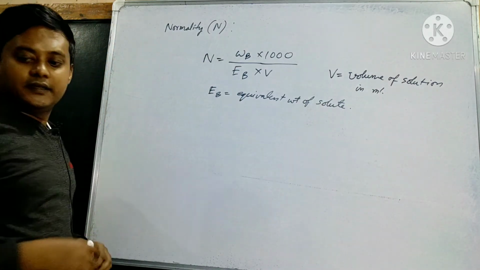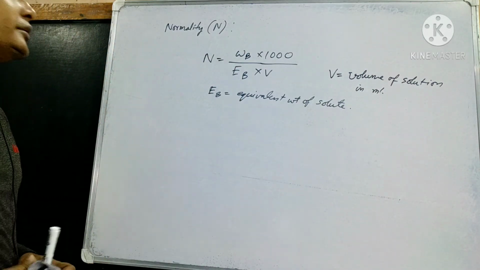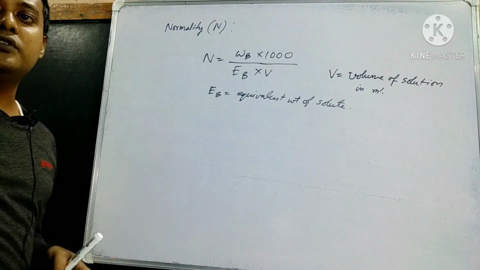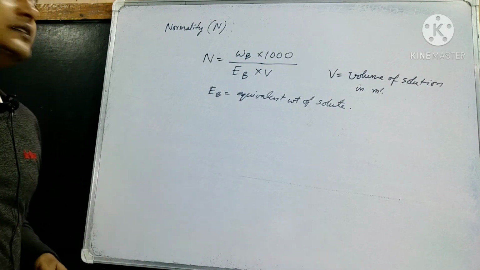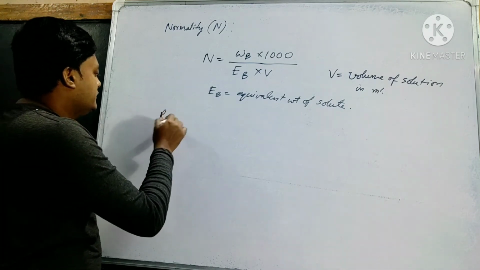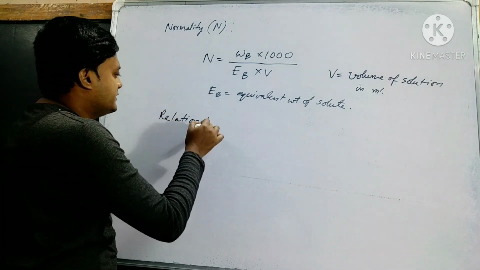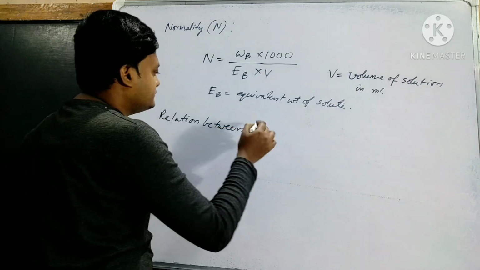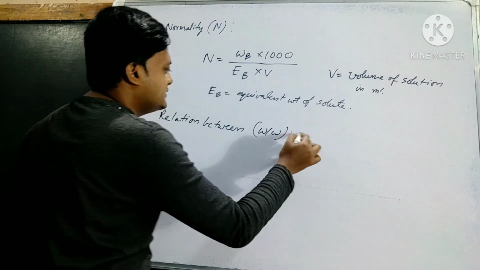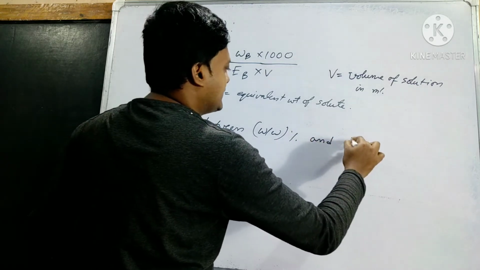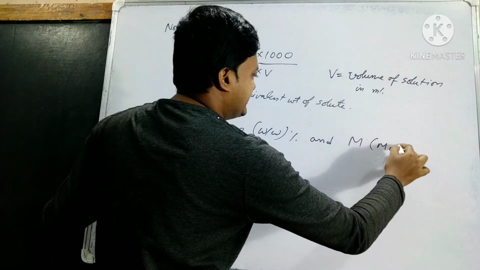Next, the relation between mass percentage and molarity, and the relation between mass percentage and normality. Relation between mass percentage and capital M, that is molarity.